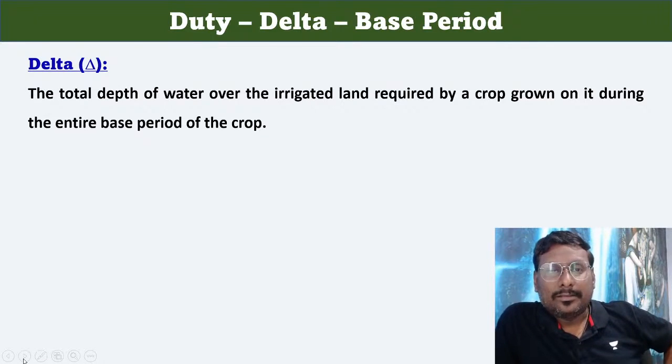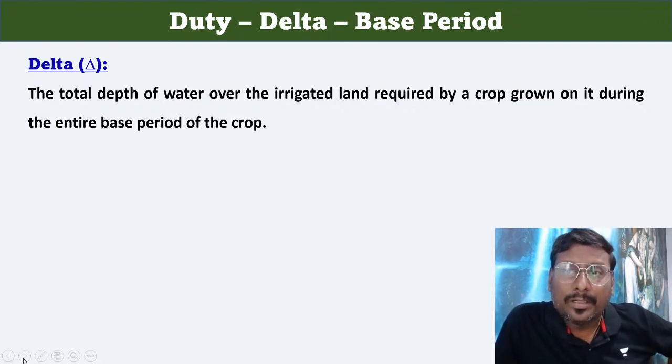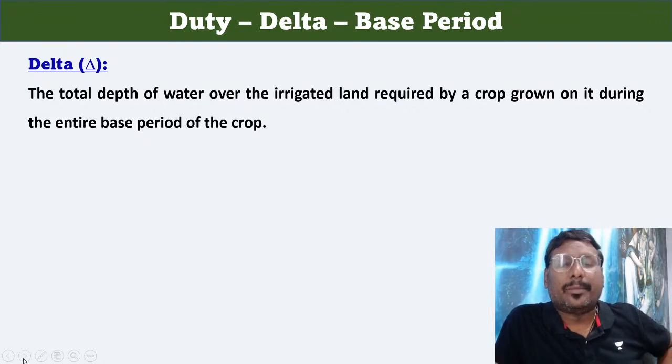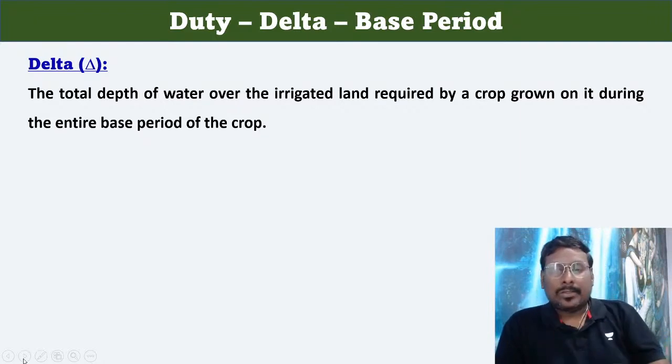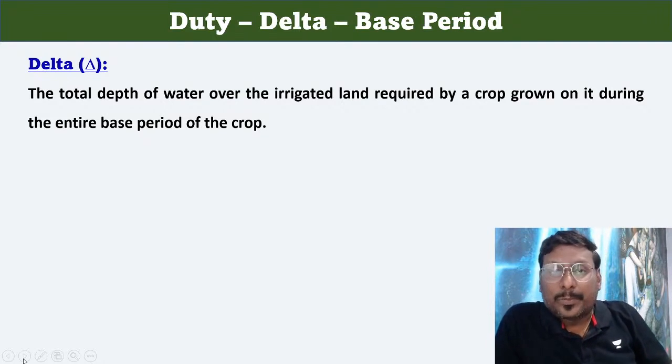Chalo, delta. Total depth of water over the irrigated land required by the crop during the entire base period.